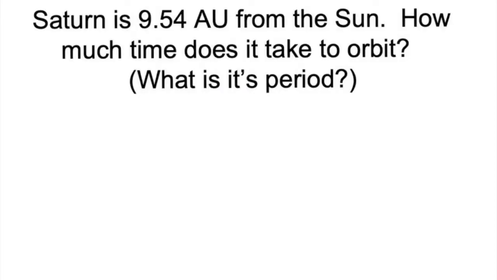So Kepler's third law is primarily a mathematical law, and it gives us the relationship between distance and the period. So in this question, it says that Saturn is 9.54 AU from the Sun. It asks us what the period is, in other words, how much time it takes to orbit. So we'll use Kepler's third law, which is P squared equals a cubed, and it's given us this value.